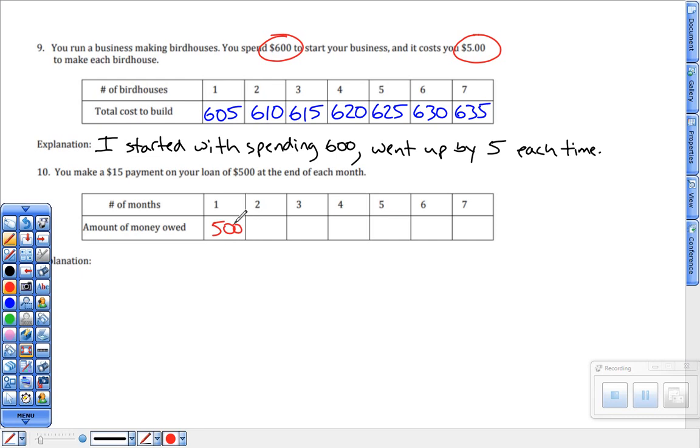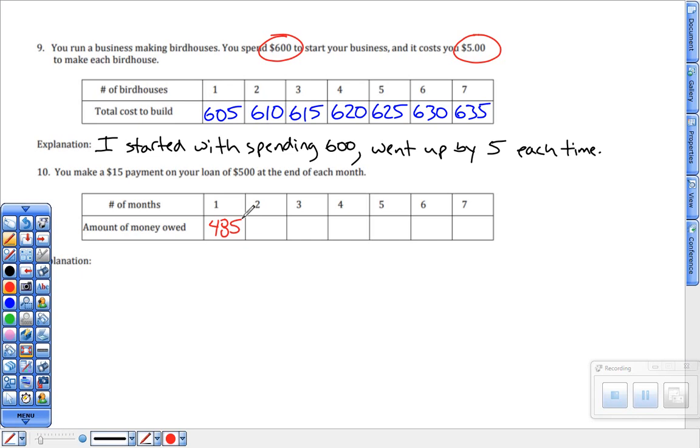You need to see that after 1 month, if I take away 15, or 500 minus 15, this was 485. That's how much I owed after 1 month.